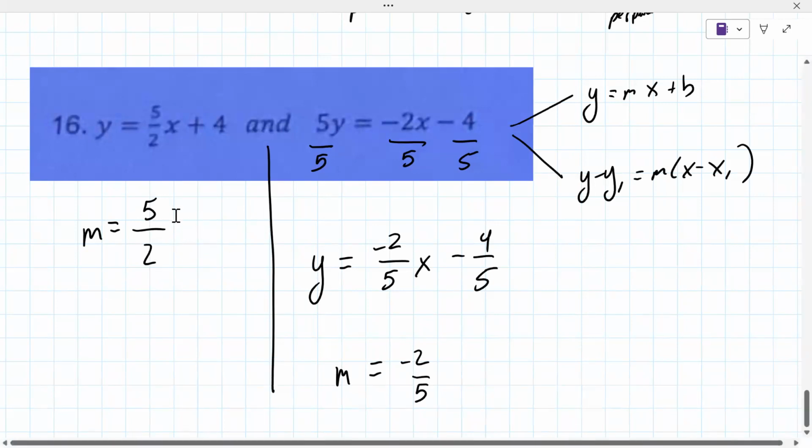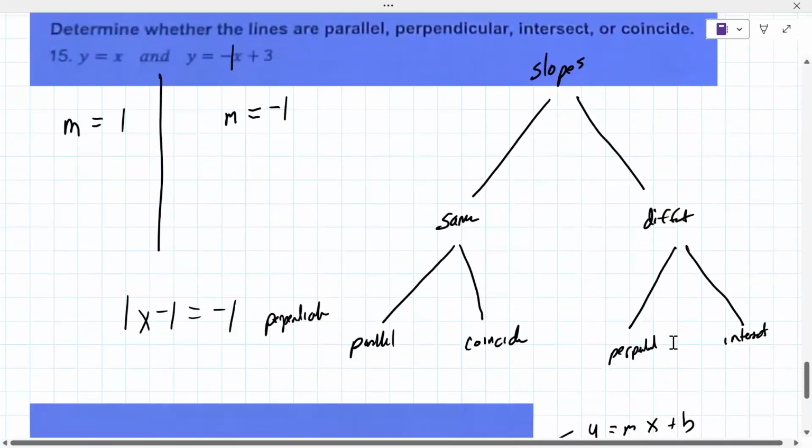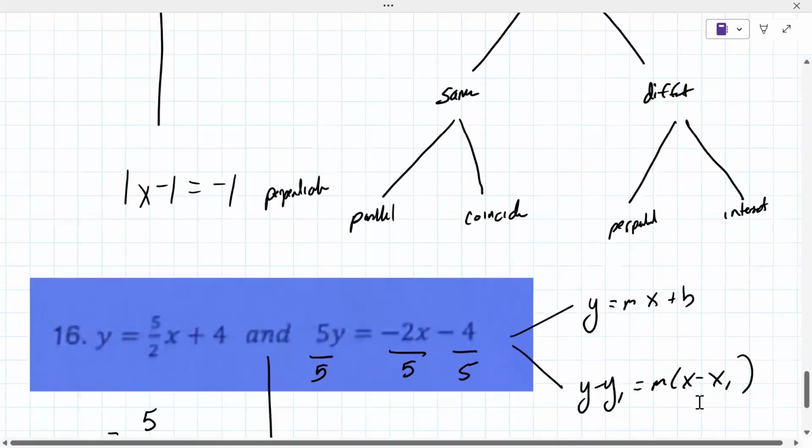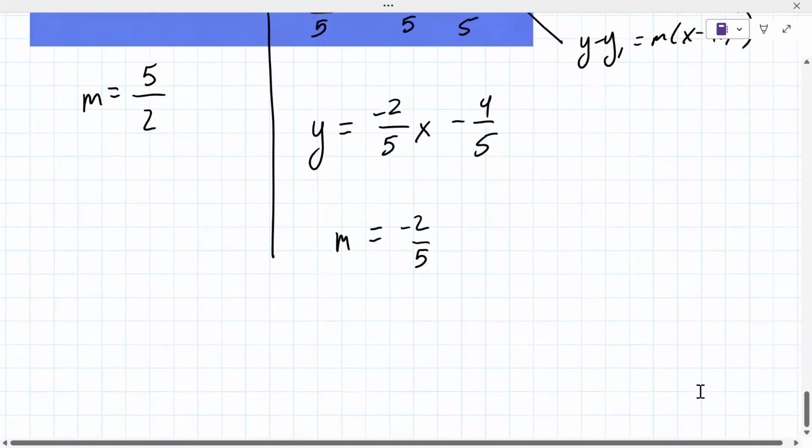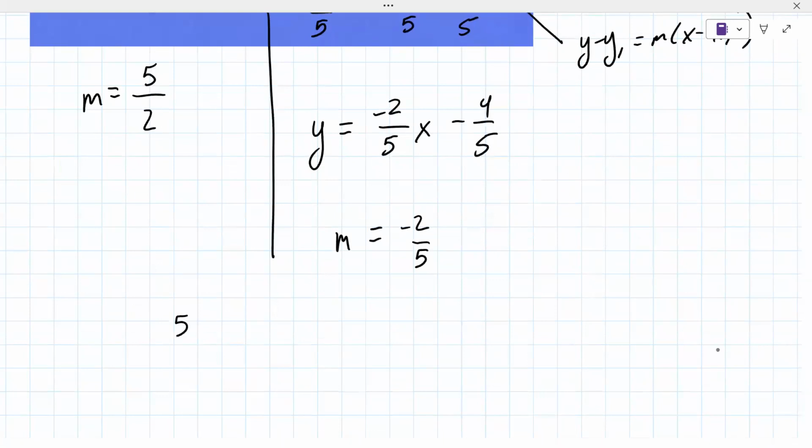All right, now are these slopes the same? No. So that means these could be perpendicular or they intersect. So let's take the product of these. What is the product of these two slopes?